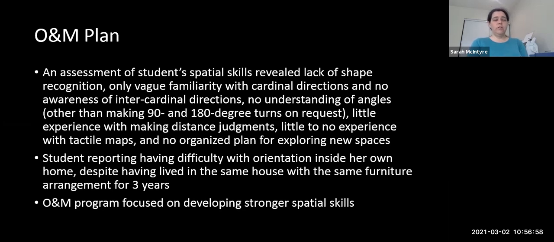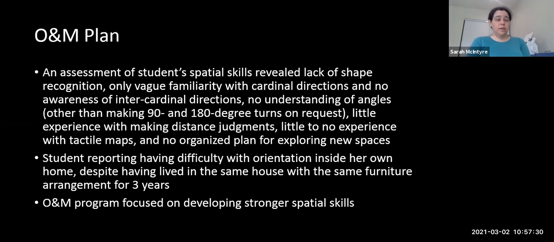She only had very vague familiarity with cardinal directions, no idea what intercardinal directions were, no understanding of angles, other than if you asked her to make a 90-degree or 180-degree turn, she could do that, but no understanding of kind of the geometry of what those were. And very little experience with making distance judgments, and little or no experience with tactile maps, and no organized plan for exploring new spaces.